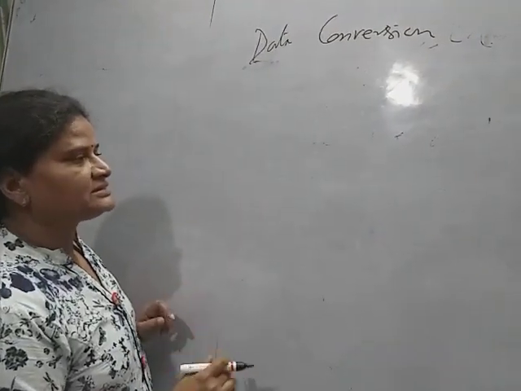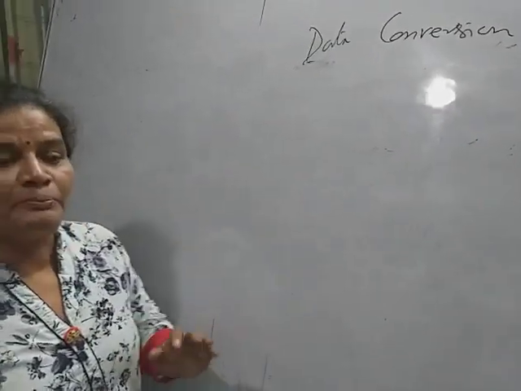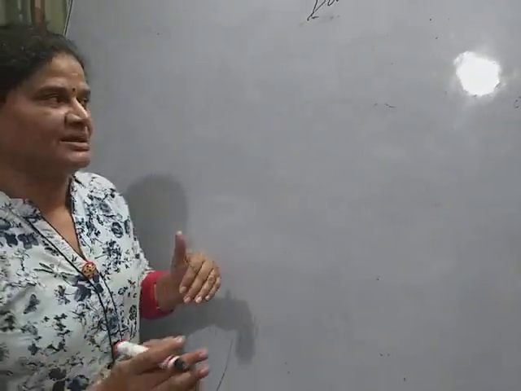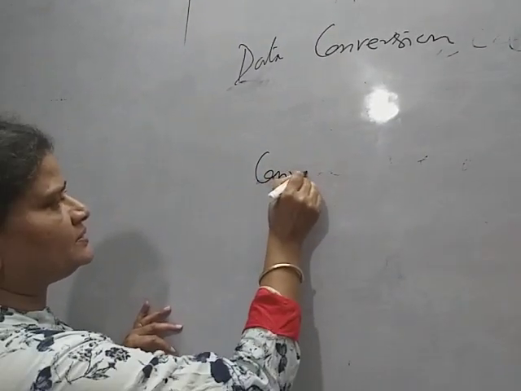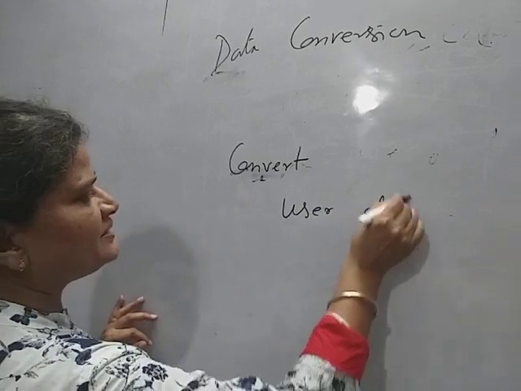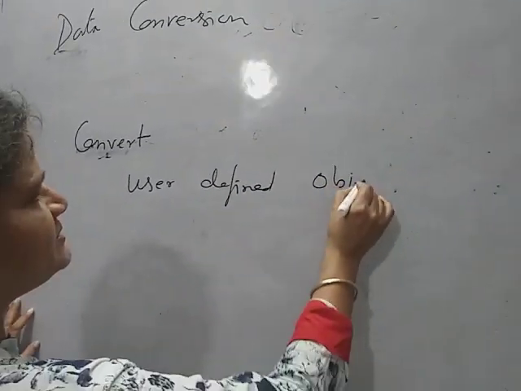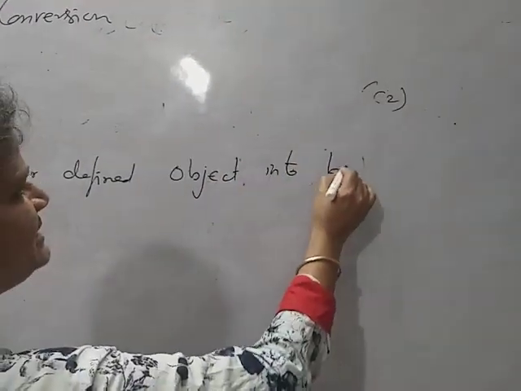There are three cases. The first is to convert a user defined object into a basic type.